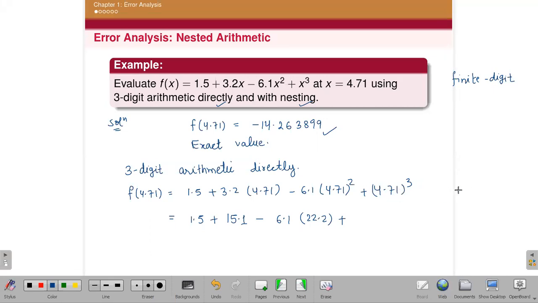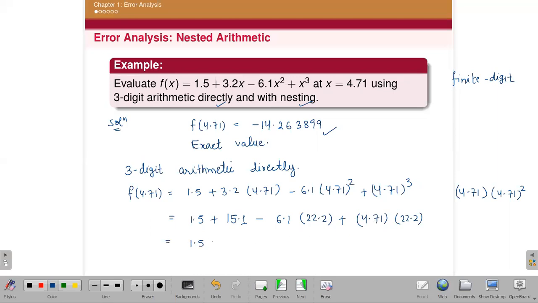In cube, you have again 4.71 into 4.71 square. In each calculation, you have to maintain the 3 digits. So here also I am writing 4.71 into 22.2, because its square is 22.2.